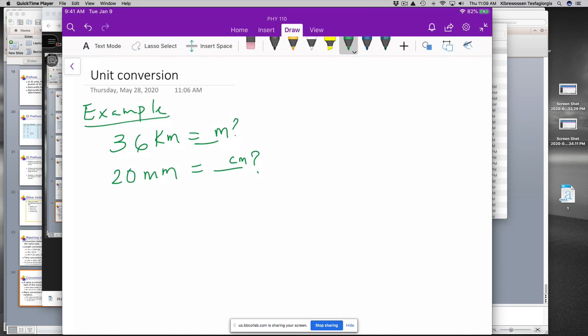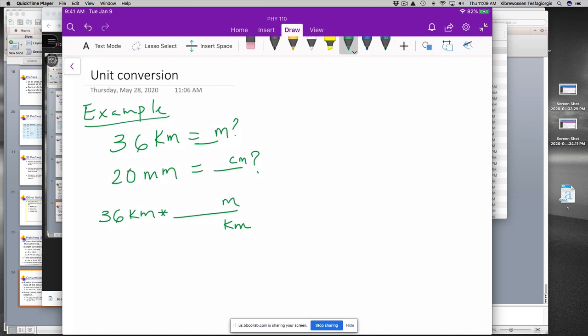If I'm trying to convert 36 kilometers to its equivalent in meters, the first thing I would do is find a way to eliminate the kilometer part, and then replace it by the meter part.